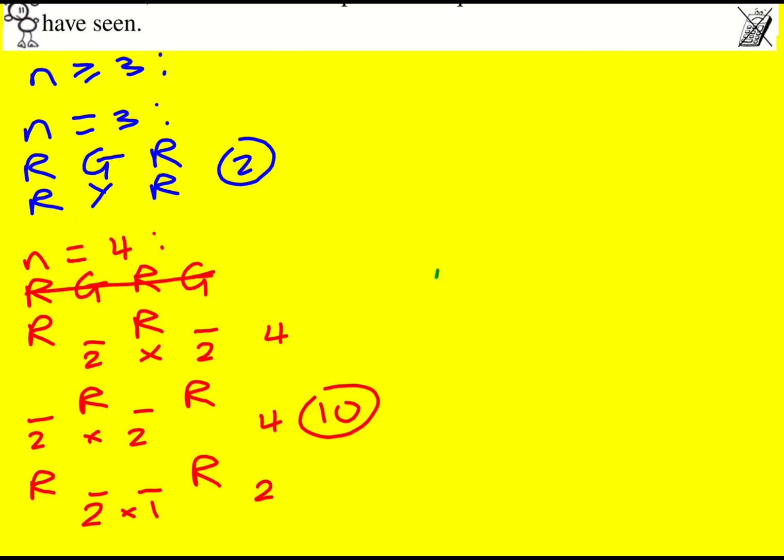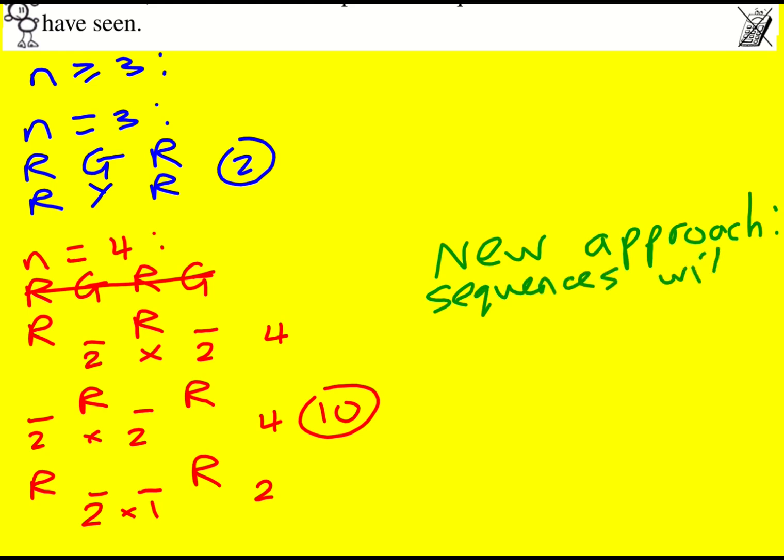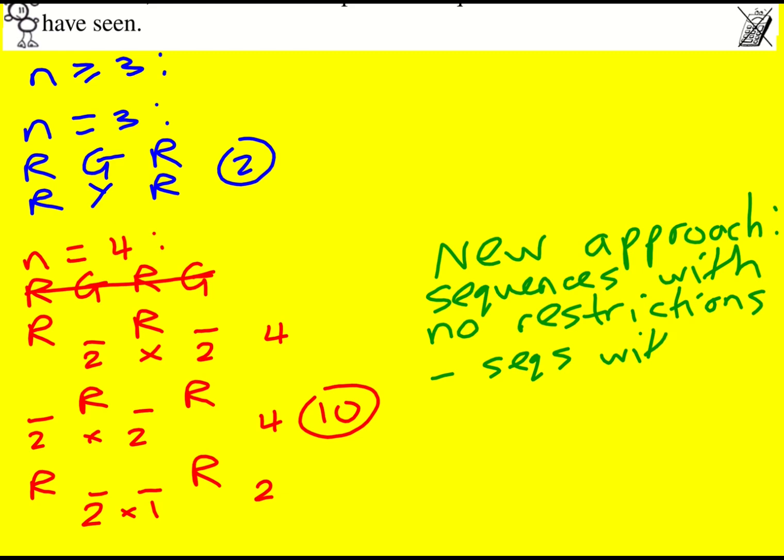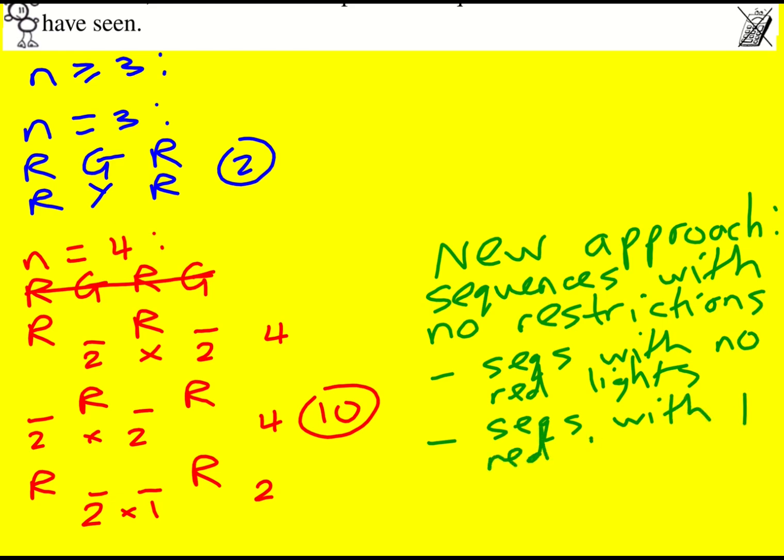So, new approach: sequences with no restrictions, minus sequences with no red lights, minus sequences with 1 red light, equals our answer.